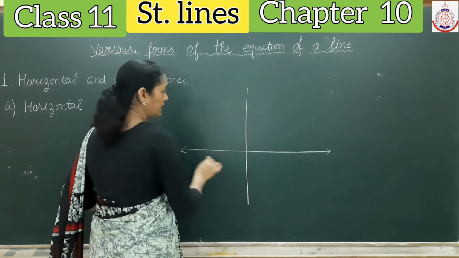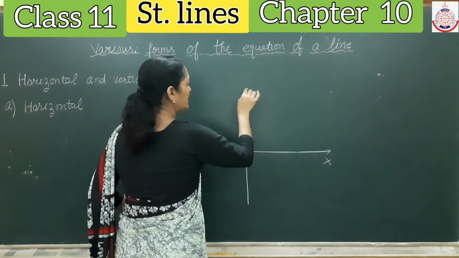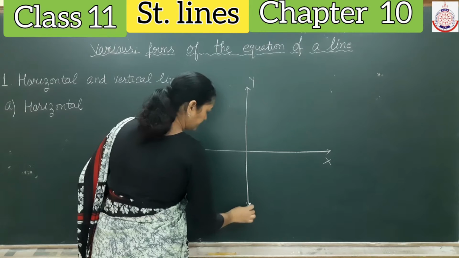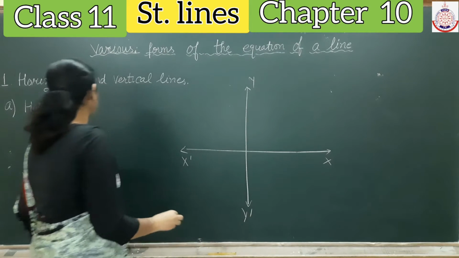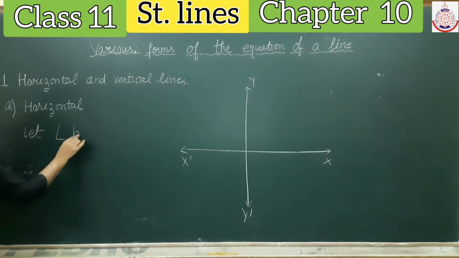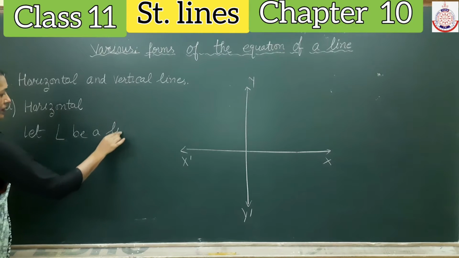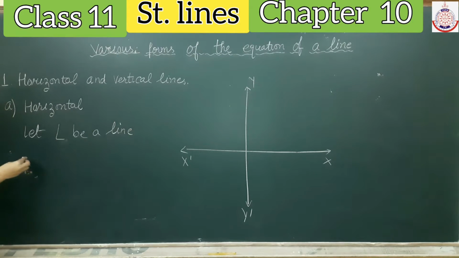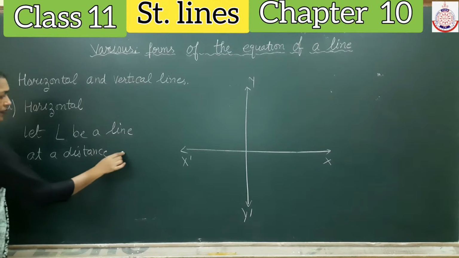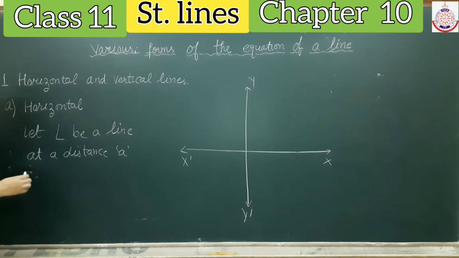In this graph, if a particular distance is given to you, let L be a line at a distance A, meaning any fixed distance A from x-axis.